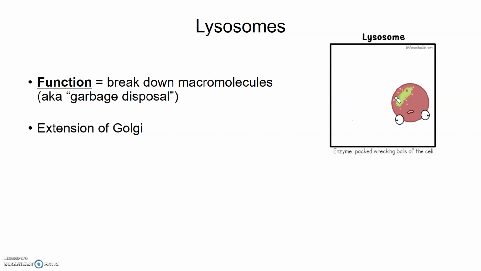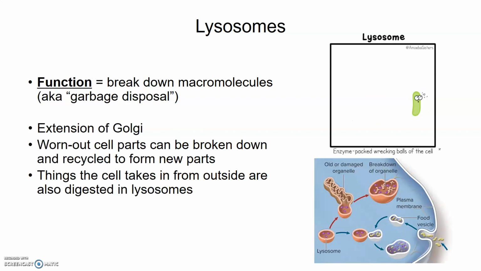And so lysosomes act as sort of this like garbage disposal or this trash bin for the cell. And they're an extension of the Golgi. And what's nice about lysosomes is that they can take worn out parts of the cell, break them down, and then recycle all of those pieces to form new parts.